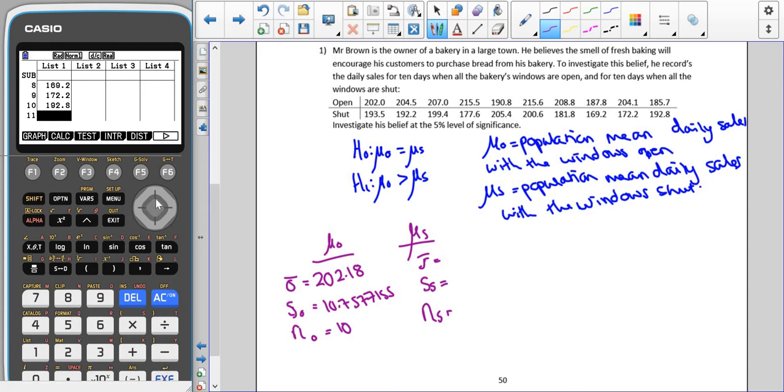And again, quickly double check that you've entered those correctly into your calculator.